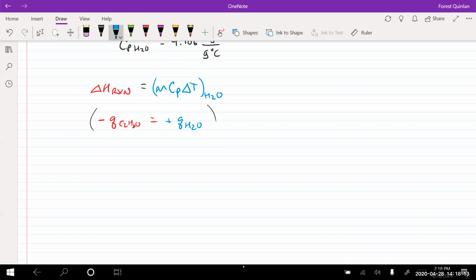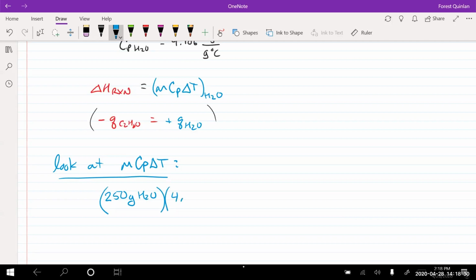So if we look at the MCP delta T, hopefully you guys realize that the 250 mils is 250 grams of water, 4.186 joules per gram degrees Celsius, and we had 8.6 degrees Celsius.